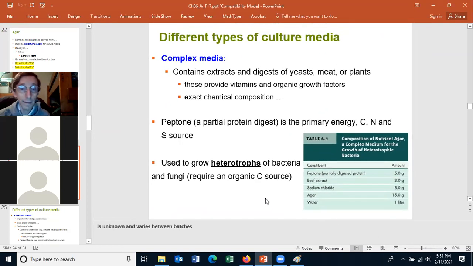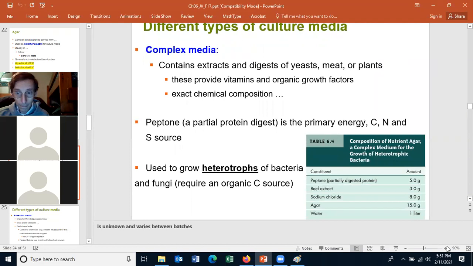Complex media is another type of media. It contains extracts and digests of yeasts, meats, or plants, and this provides vitamins and organic growth factors. The exact chemical composition is not known in a complex media. A very simple one is shown here. This is nutrient agar.